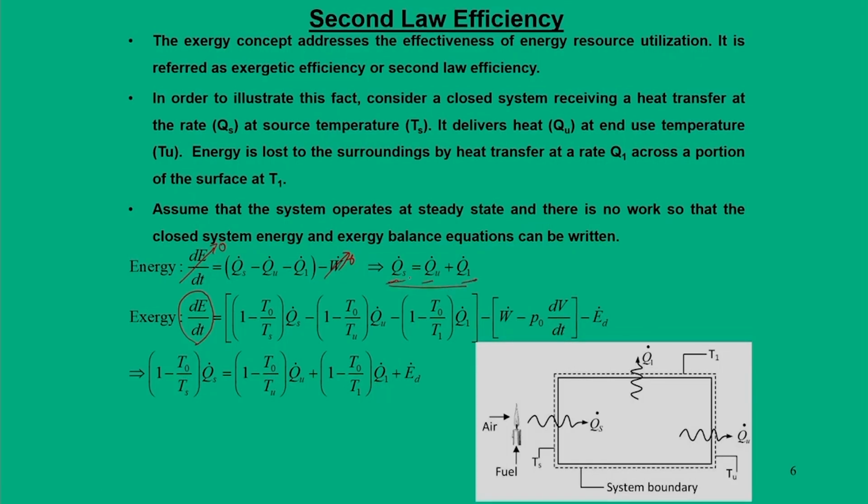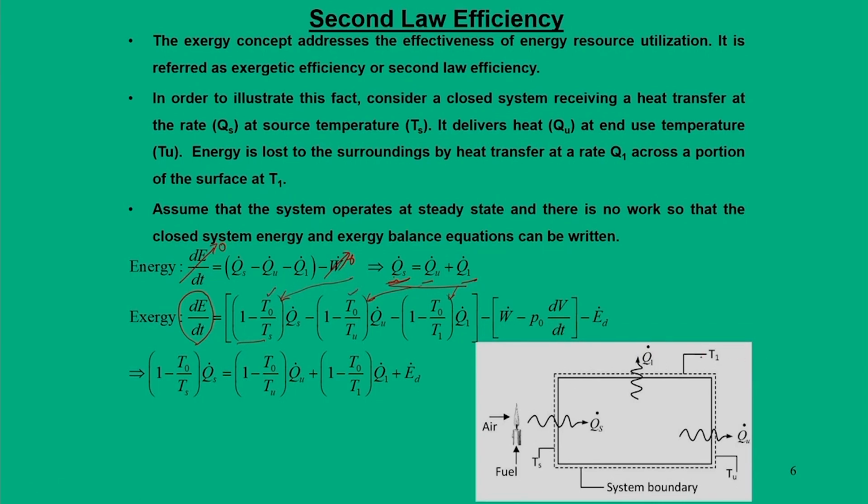So, first one is Qs, which is the input to the system, and we can have the corresponding Exergy value. For Qu the corresponding rate of Exergy term will be this, and for Q1 the corresponding Exergy term is this. What we look at from this expression is that for each of the terms the ambient temperature was taken into account.